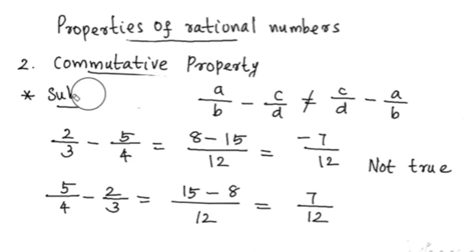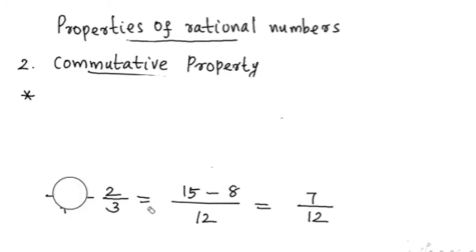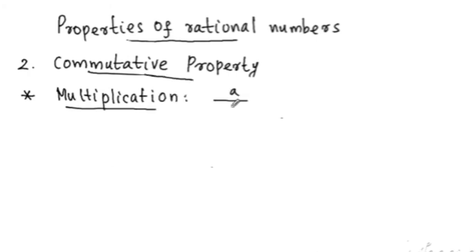Now we can look at the third operation. The third operation of rational numbers is the multiplication. Similarly, we have to verify the result for multiplication. In case of multiplication, we can write the commutative property in general as a by b times c by d equal to c by d times a by b.